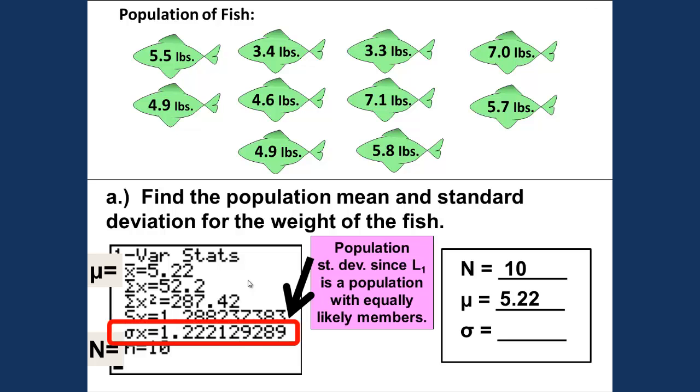There is a difference in how we calculate a sample standard deviation versus a population standard deviation, so both are shown and we have to pick the correct one. Since this is a population, we'll pick sigma. The population standard deviation, since L1 is a population with equally likely members, gives us a population standard deviation of 1.2221. Ms. Borlaug rounds to 4 decimal places. Please follow your teacher's rules for rounding.